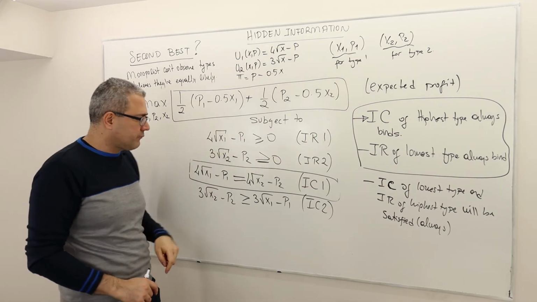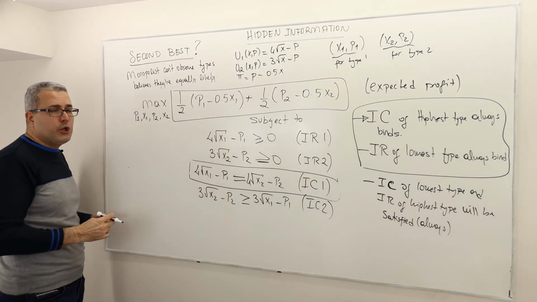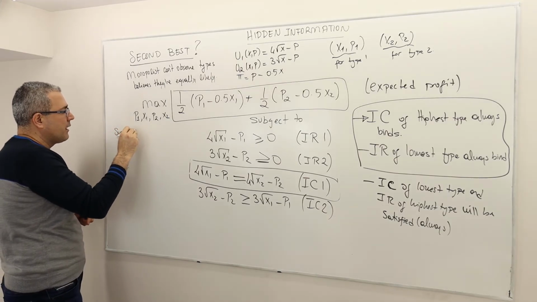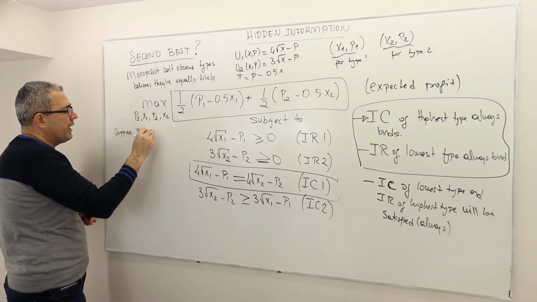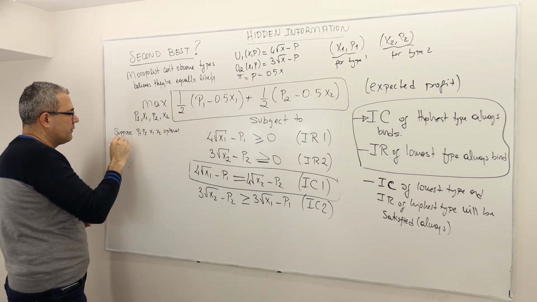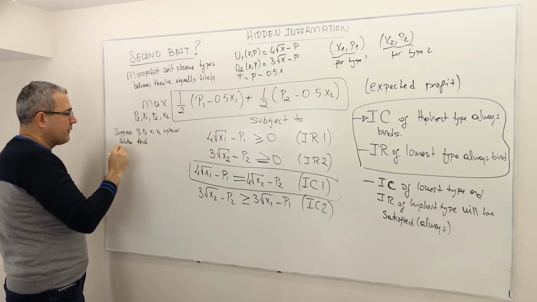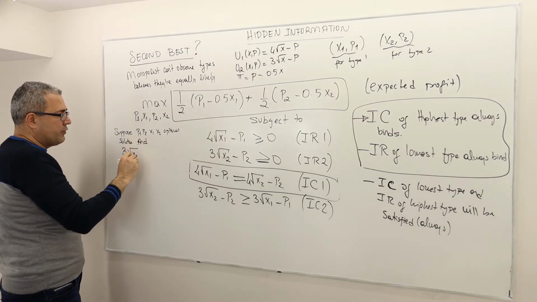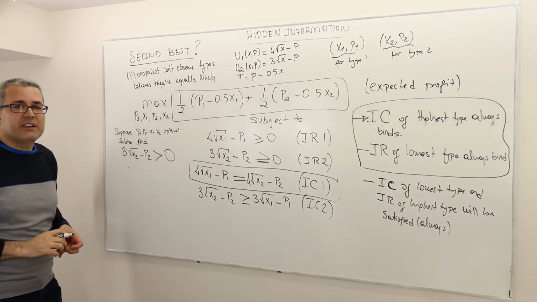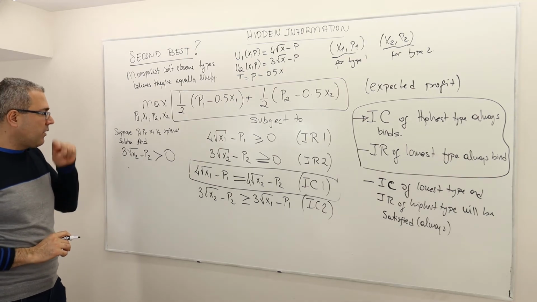All right, now let me prove that the IR2 should bind. So suppose, once again, P1, P2, X1, X2 is the optimal solution to this problem, and 3 squared of x2 minus p2 is not binding, which means it's strictly greater than 0. So what do I have?